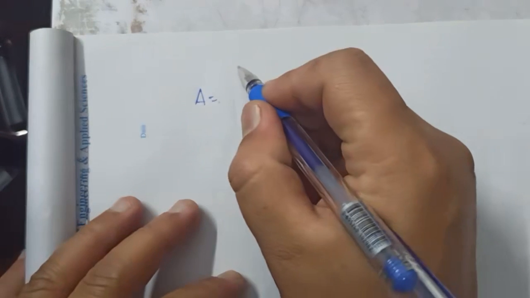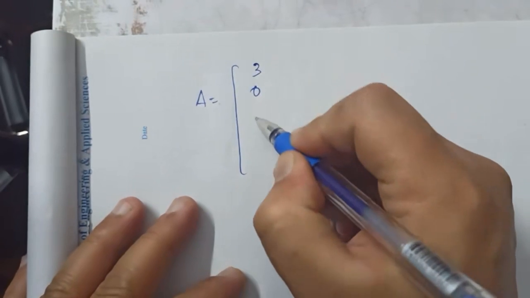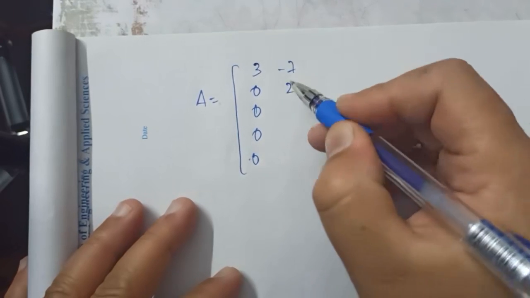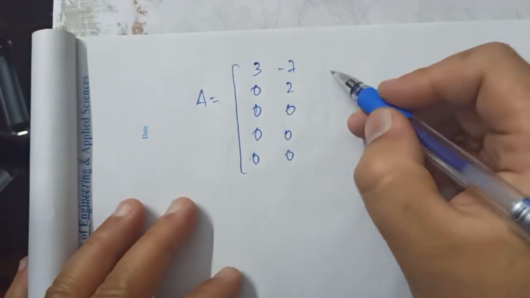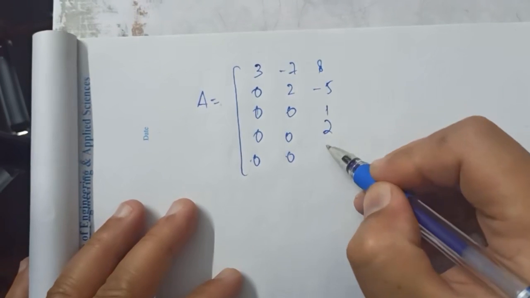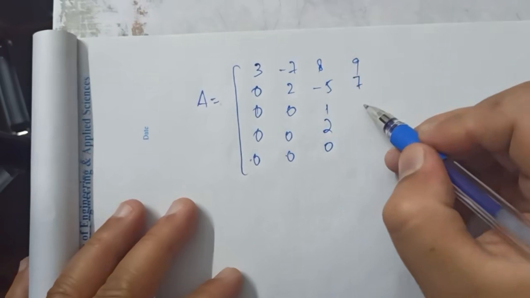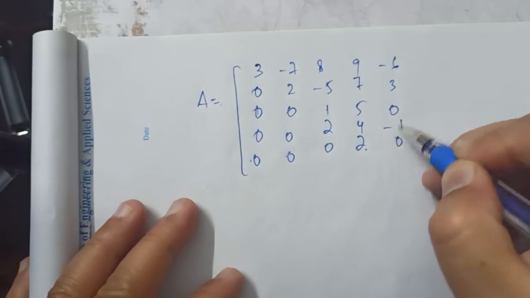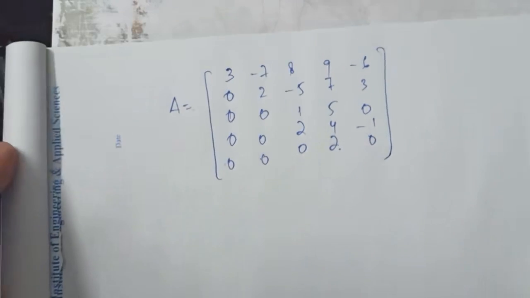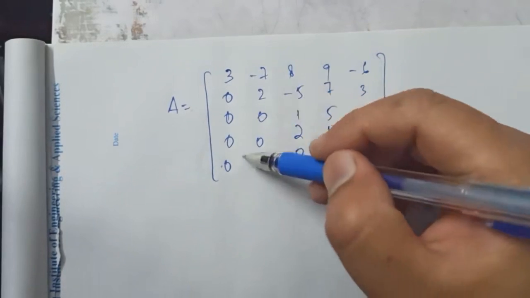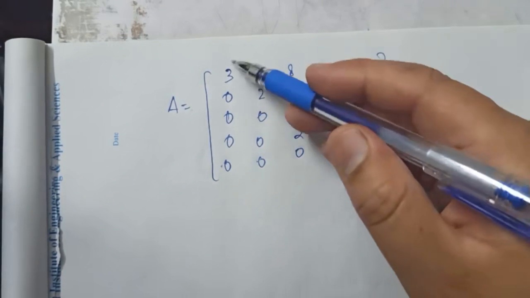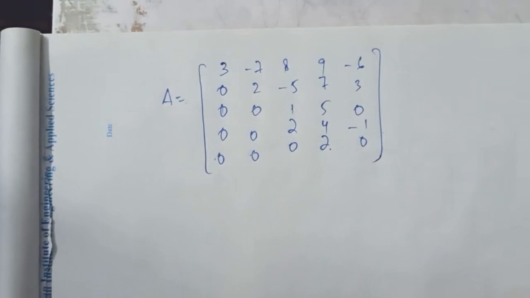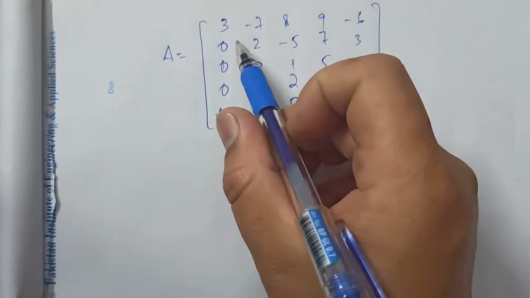Let's say this is a matrix: 3 0 0 0 0, minus 7 2 0 0 0, 8 minus 5 1 2 0, 9 7 5 4 2, minus 6 3 0 minus 1 0. Now see, this column actually has the maximum number of zeros. I mean, if you can see, it's not exactly, but I can use that.